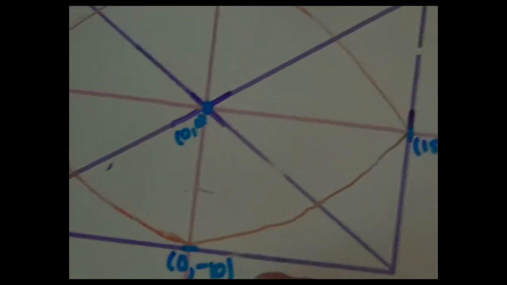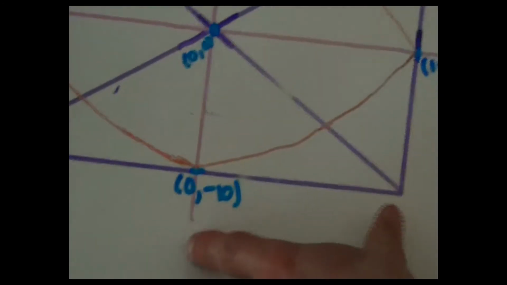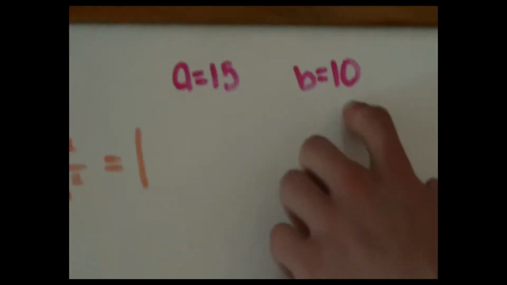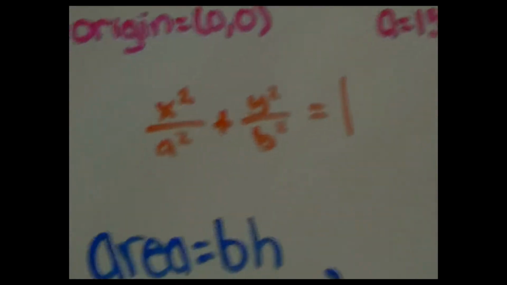So a is 15. For b, since that's on the y-axis, we go from the center of origin to the bottom vertical line, -10, and the absolute value is 10. With that, we are finished.